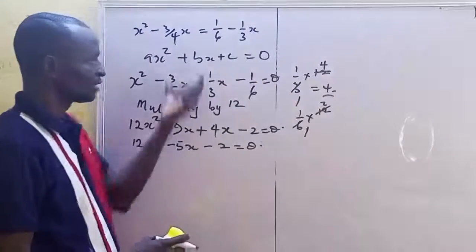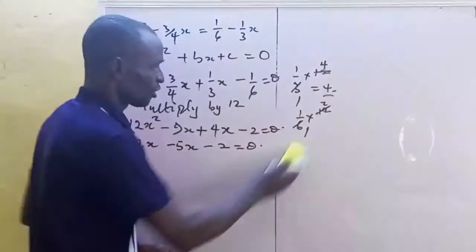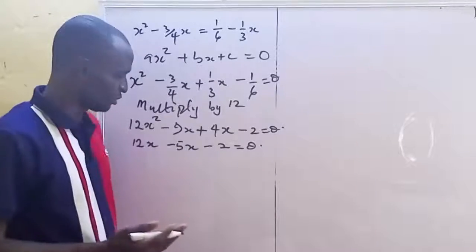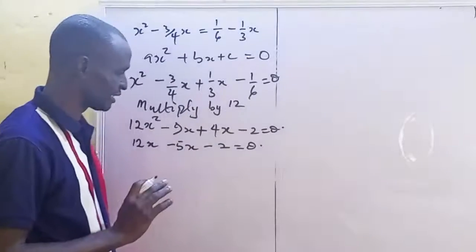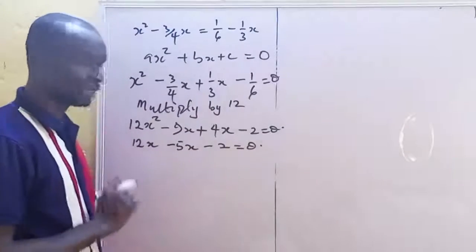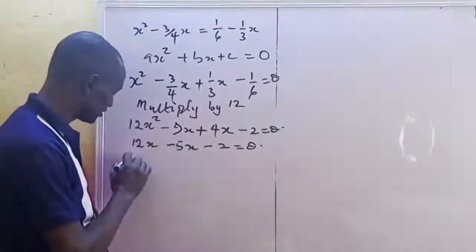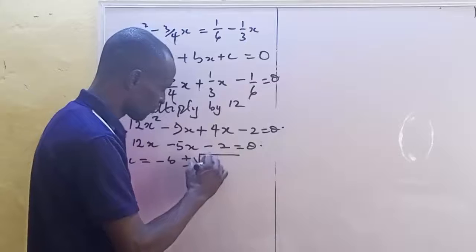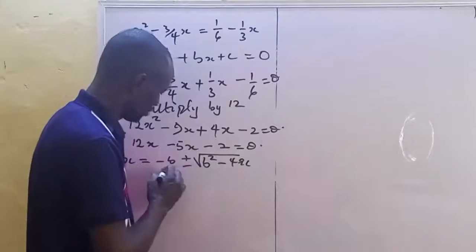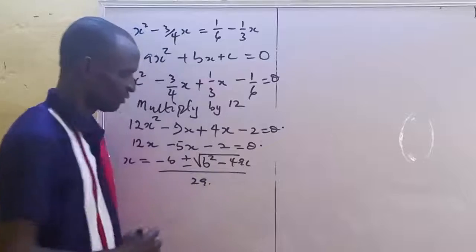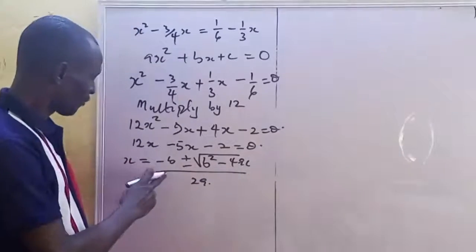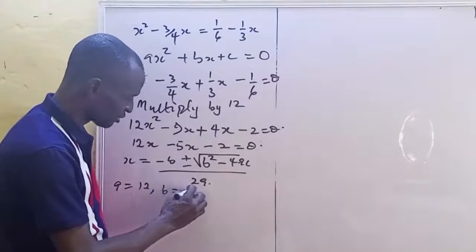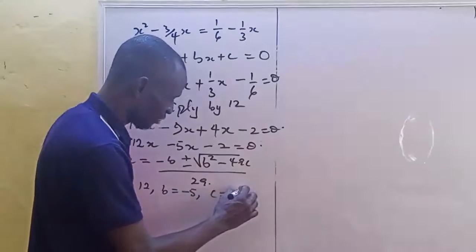Already, I have my equation in this format. Now I can solve my equation. I can either use the factorization method, which is the easiest, but if I don't want to waste time, we can use the formula. The formula says that x is equal to minus b plus or minus square root of b squared minus 4ac, all over 2a. Let's use the formula. From here, my a is 12, my b is minus 5, and my c is minus 2.